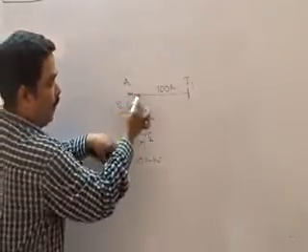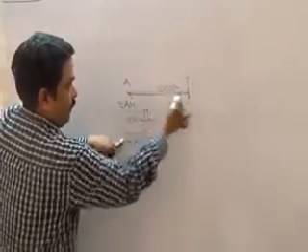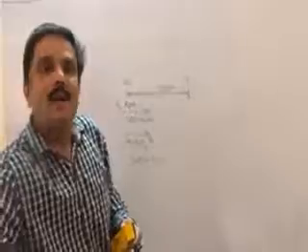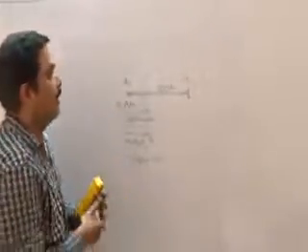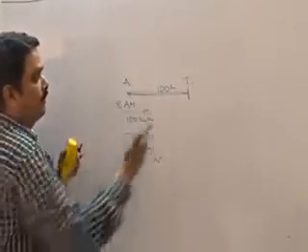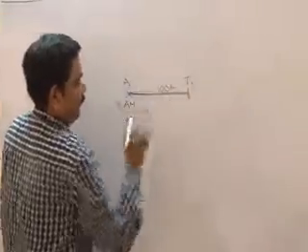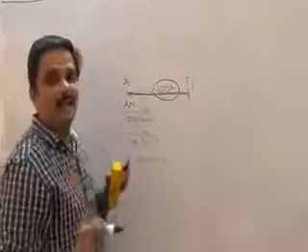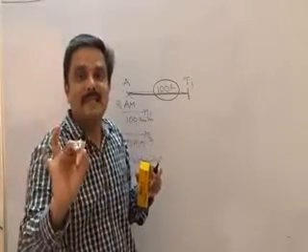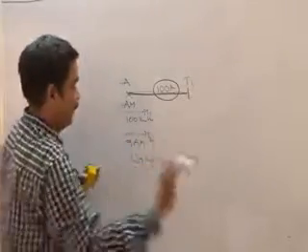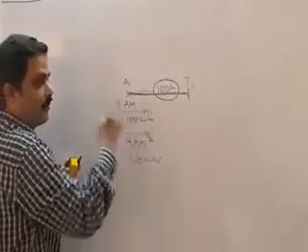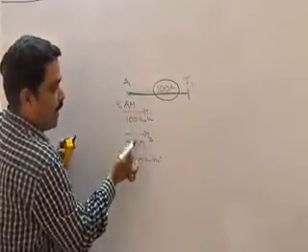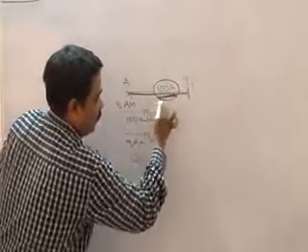So already 100 kilometers have been covered by train 1, and this 100 kilometers should be taken as a lead distance for train 2.